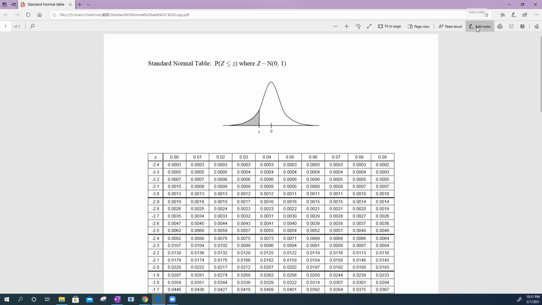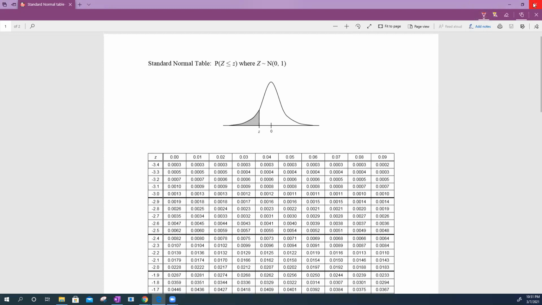So for example, if we want to find the probability of z smaller than 1.65, then how can we read the standard normal table to get that probability?